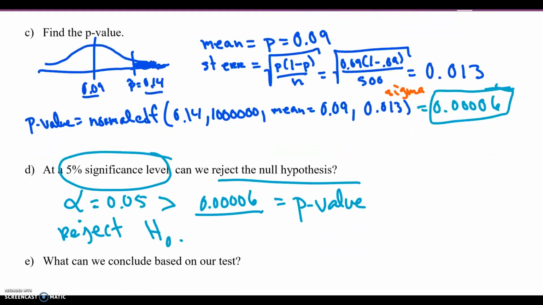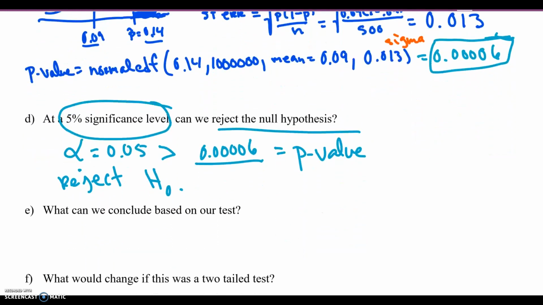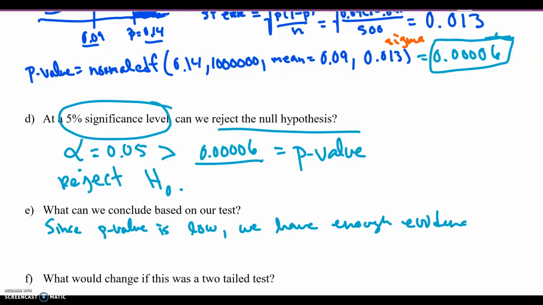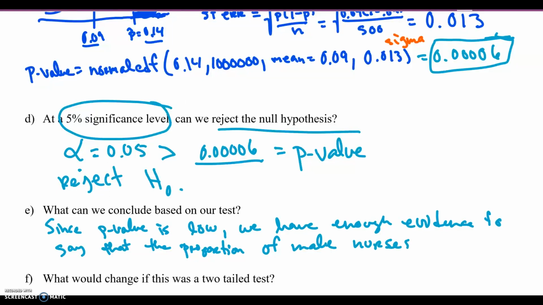Okay, so what can we conclude based on our test? Since our p-value is low, we have enough evidence to say that the proportion of male nurses has increased.